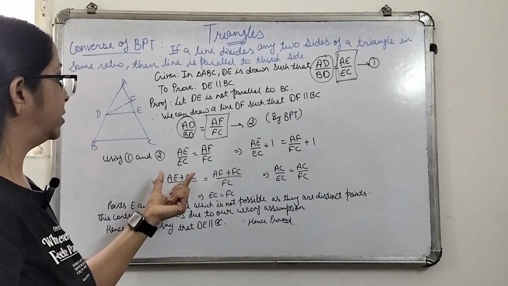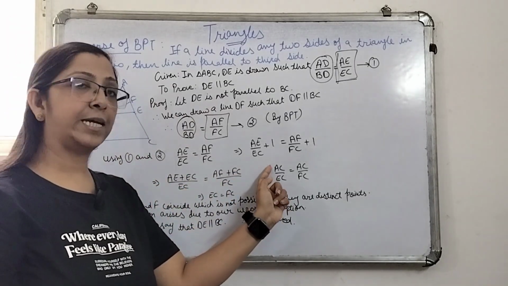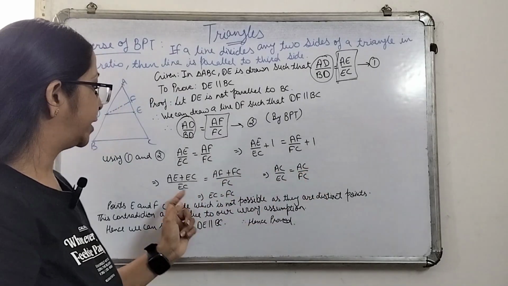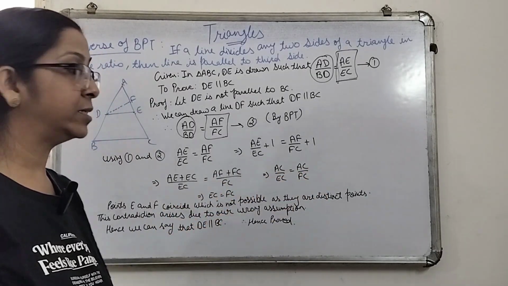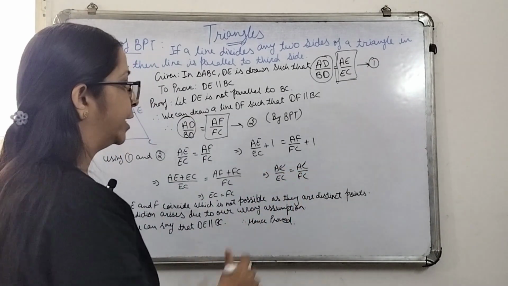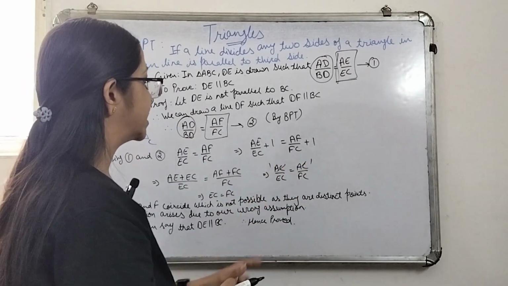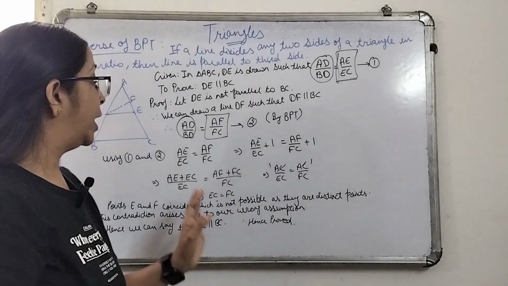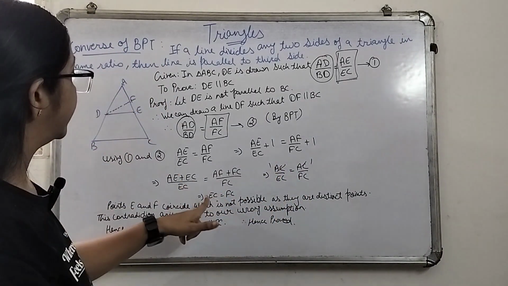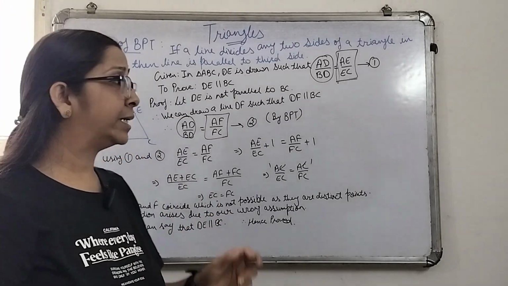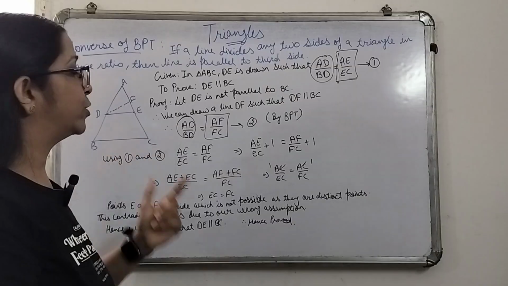The denominators we have kept as they are. Now because the numerator is the same, it will cancel. It will be 1 here and 1 here. That simply means FC will be equivalent to EC. And how is it possible that EC is equivalent to FC? It is only possible when F and E coincide.